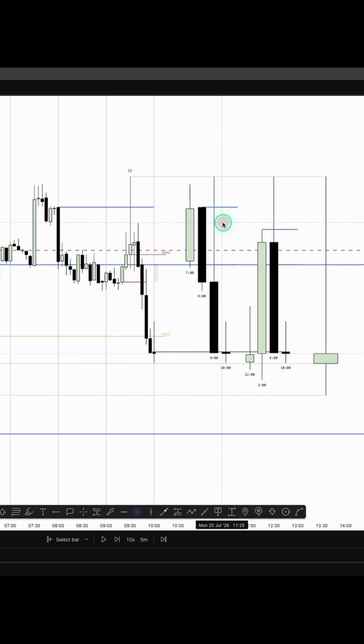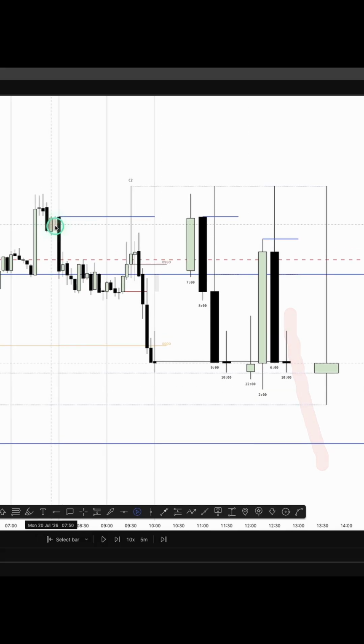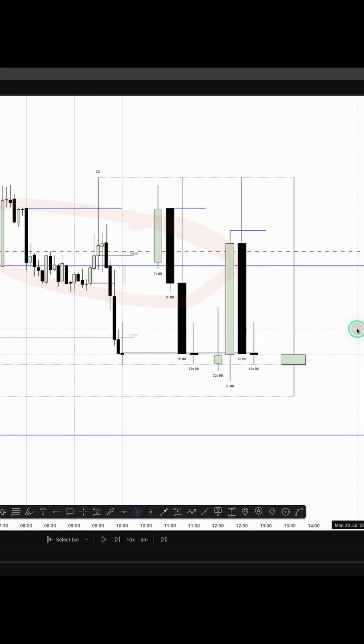Now notice how 9 sweeps 8, then potentially C3, the 10 o'clock on the hourly chart, can go lower. Notice how 6 swept 2, now potentially C3 in the 4 hour chart can go lower. And notice where this is all happening: below previous day midpoint, right?